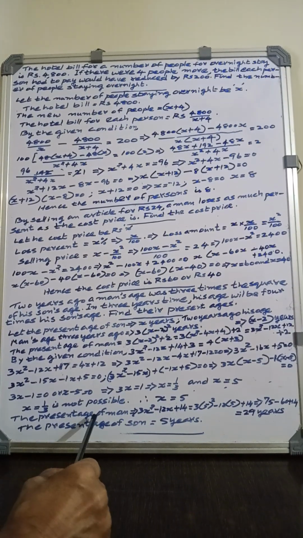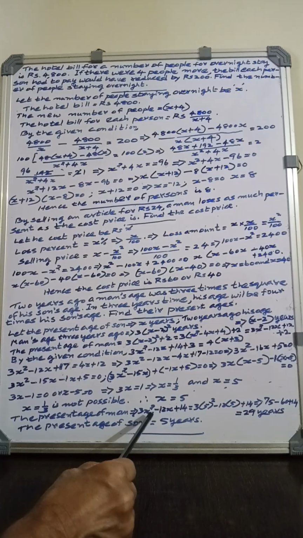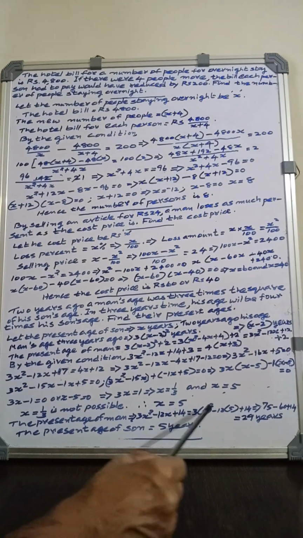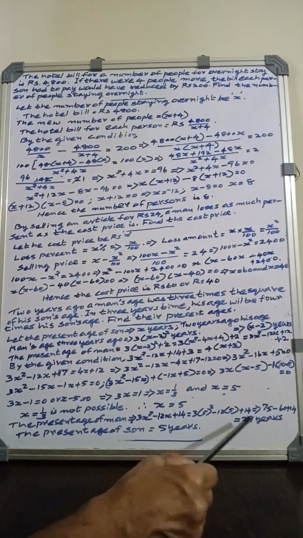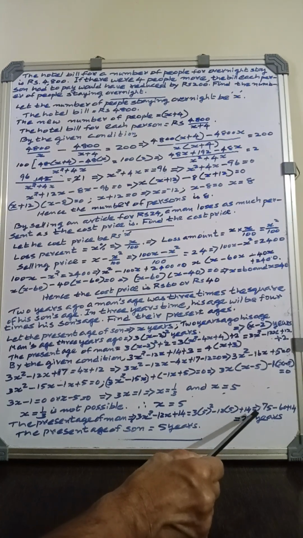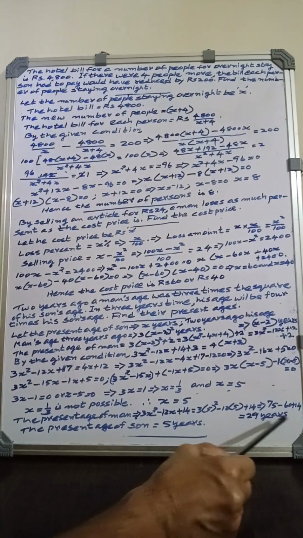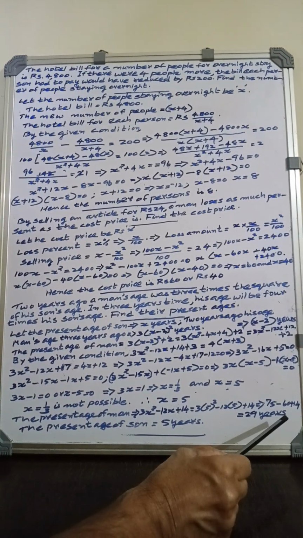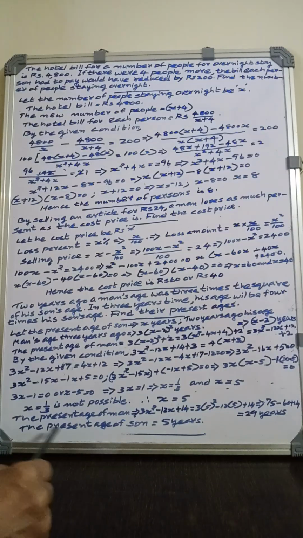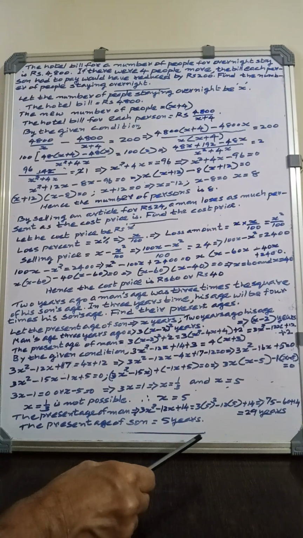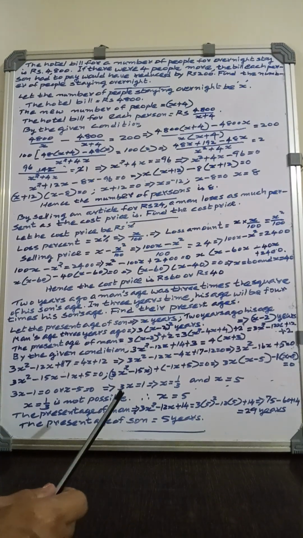Then the age of the man equals 3x squared minus 12x plus 14. That is 3 into 5 squared minus 12 into 5 plus 14. That is 75 minus 60 plus 14 equals 29 years. The age of the son equals 5 years. Hence concluded.